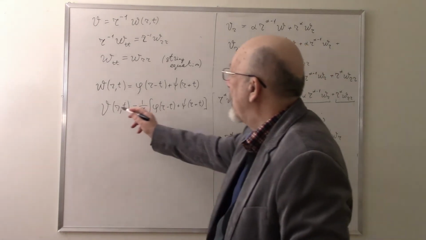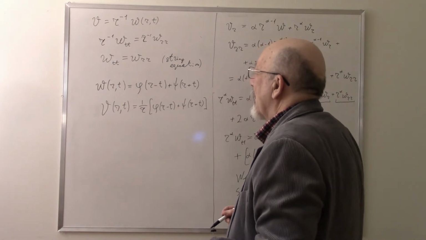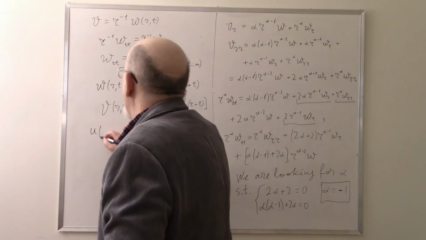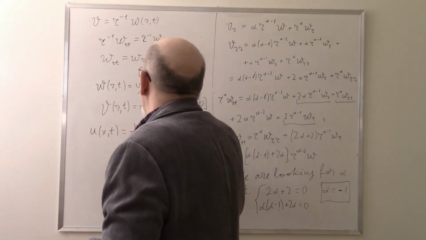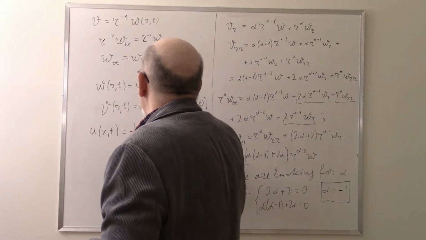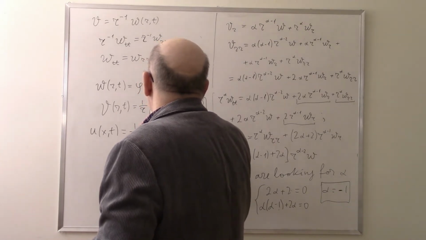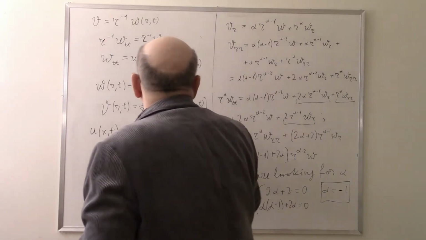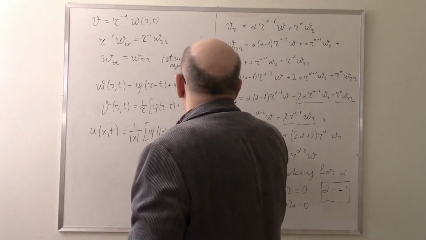And V of RT is a solution, so after all U of xt equals 1 over module x times phi of module x minus t plus psi of module x plus t.